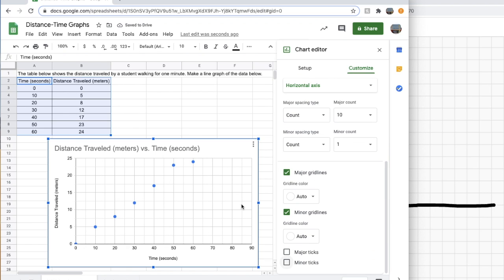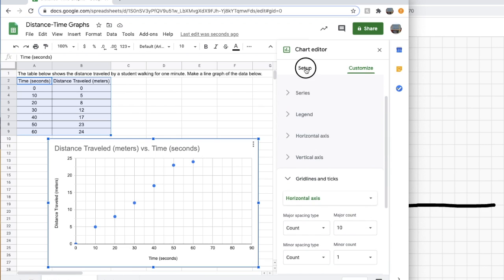Okay, so this looks much more like an actual graph. Okay, so here we are with our graph.